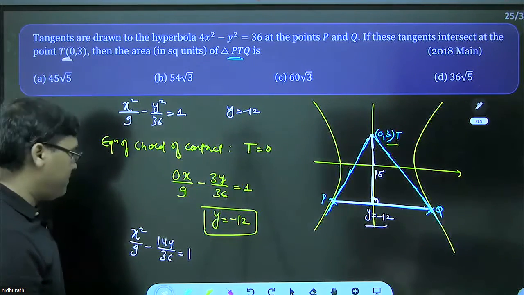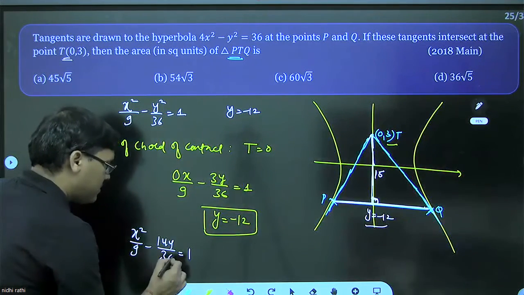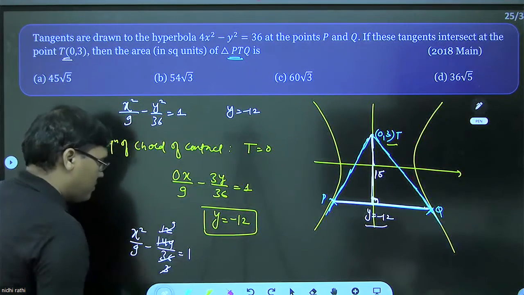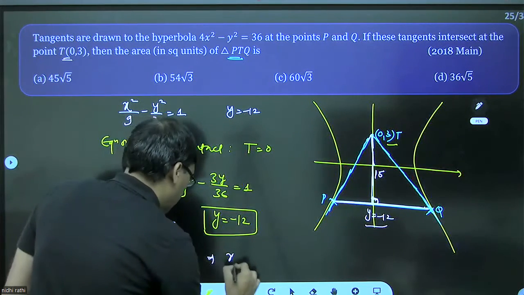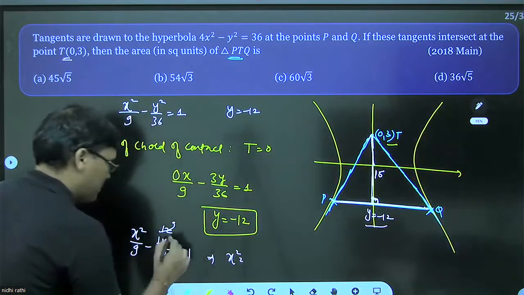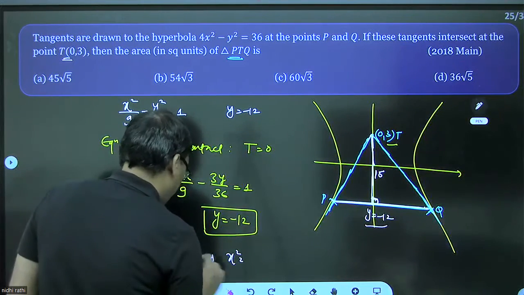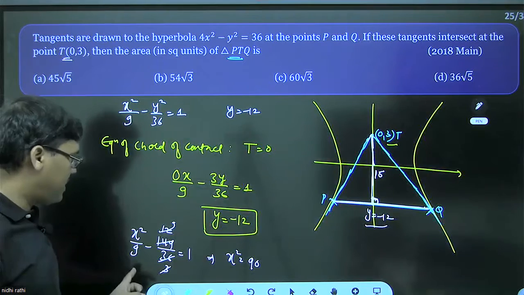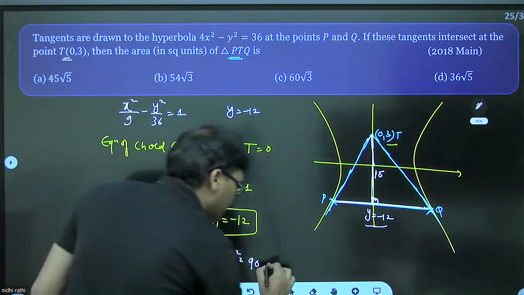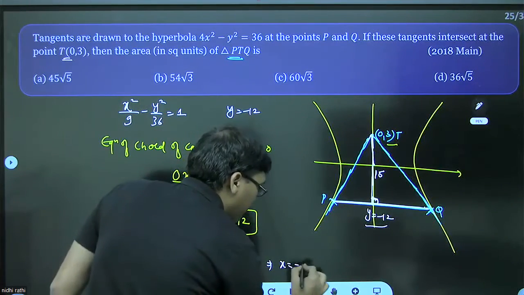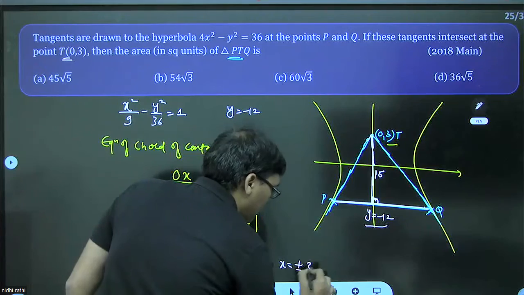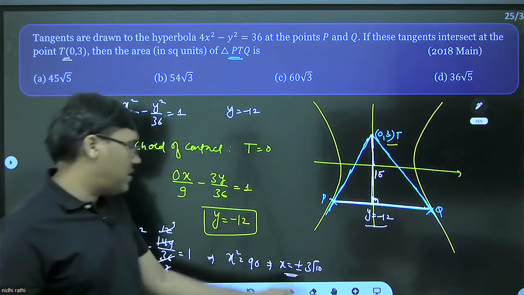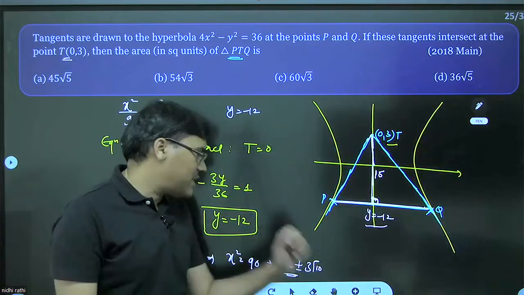So x is equal to plus or minus 3 root 10.